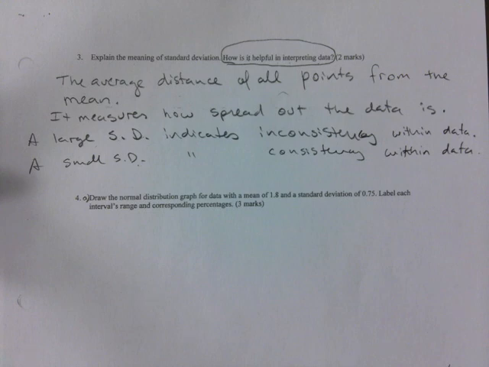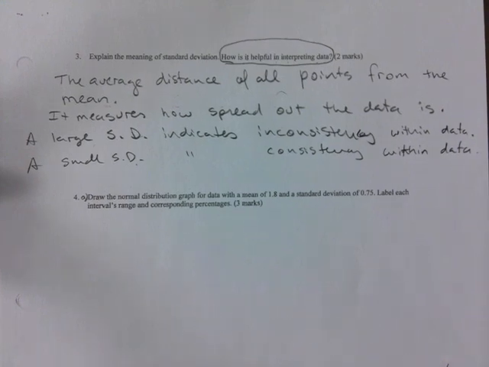Oh, I just put like it's helpful to more data points. It's helpful to know where the data points will be. If you had said it will help us to know whether data points will be closer to the mean or further from the mean, that'd be more specific.